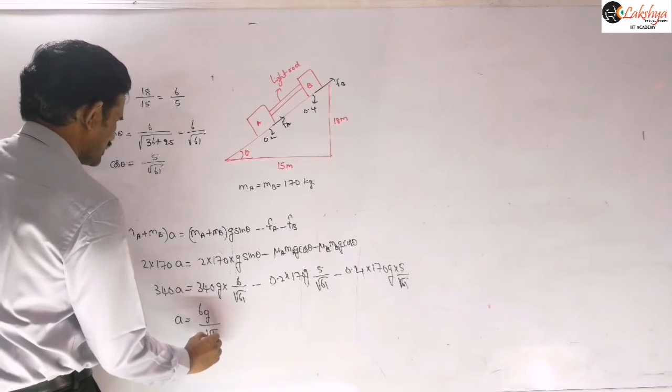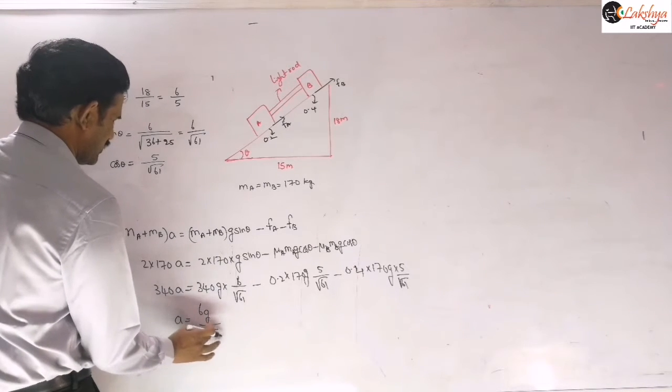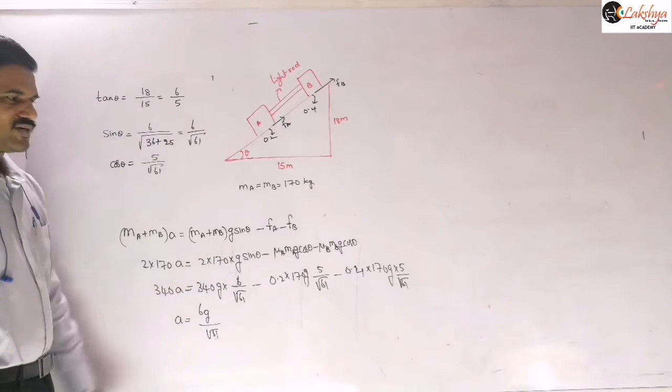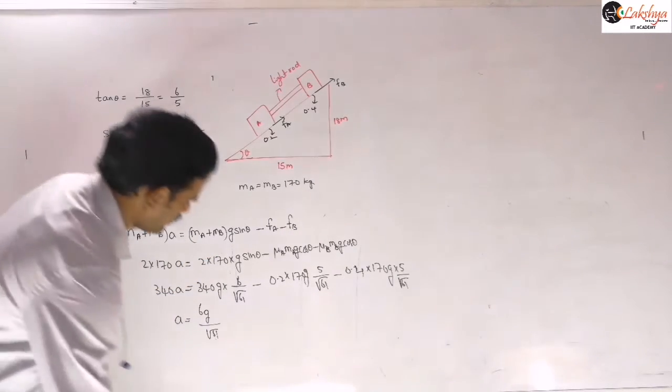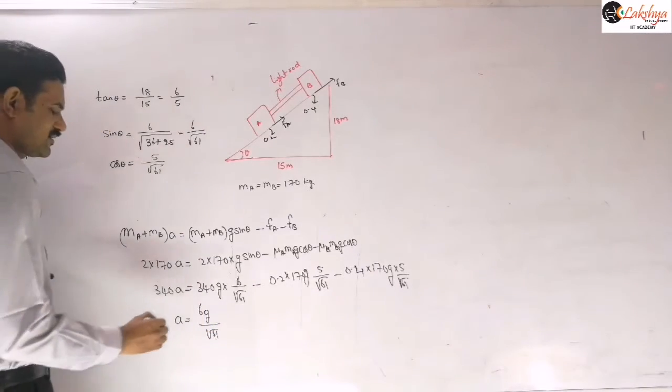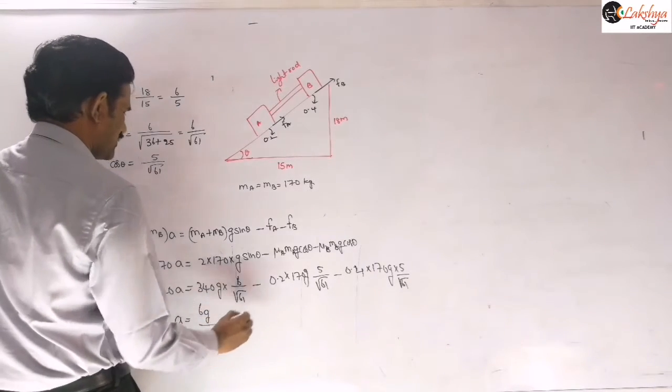6G by root 61. I think we can take that 170 common, and you can cancel with that 340. So 340 with that I am cancelling there, then this is minus.